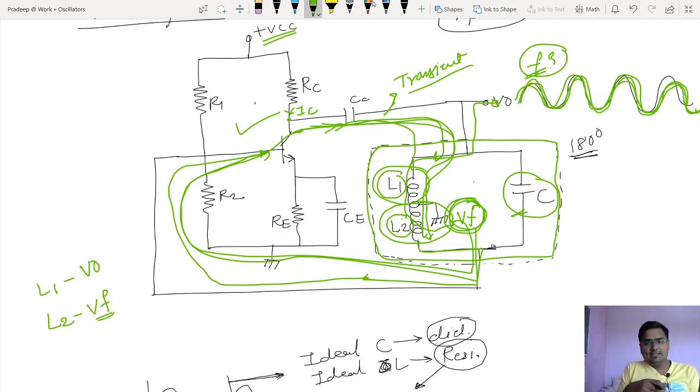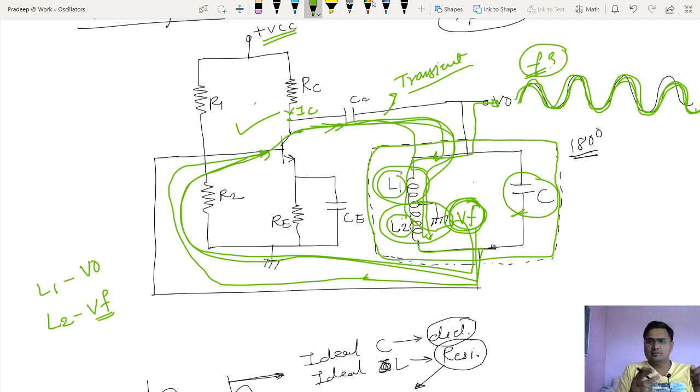I am telling you in detail about this Hartley oscillator because I am not going to tell you the same thing for the Colpitts oscillator. There we will just draw the circuit diagram, remember what we have studied in the Hartley oscillator, and start designing the Colpitts oscillator immediately. So what is the thing?